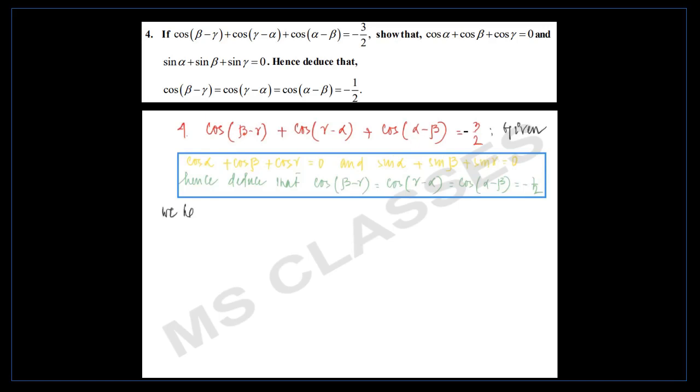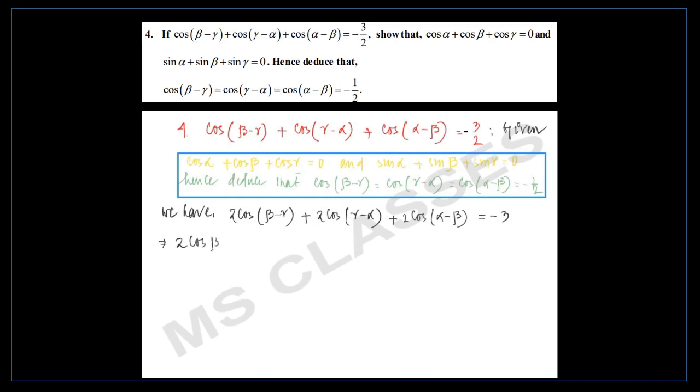We have 2 cos(beta minus gamma) plus 2 cos(gamma minus alpha) plus 2 cos(alpha minus beta) equal to minus 3. Just transfer 3 to the left hand side. After that, just use the formula. All of us know the formula of cos(A minus B).